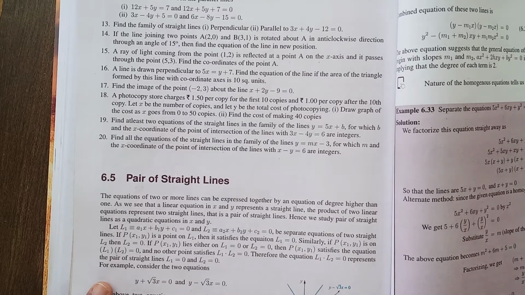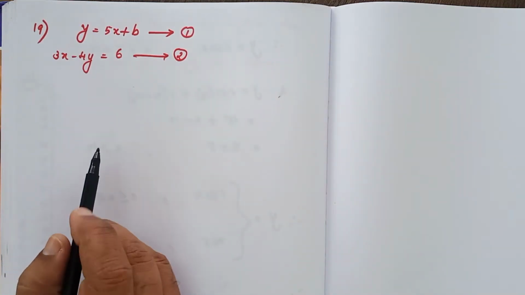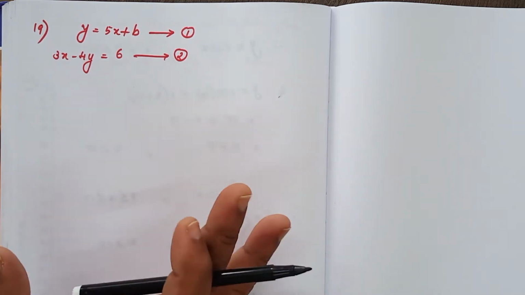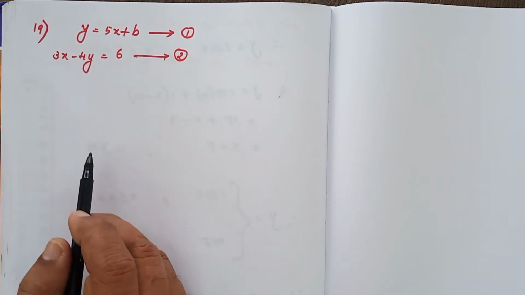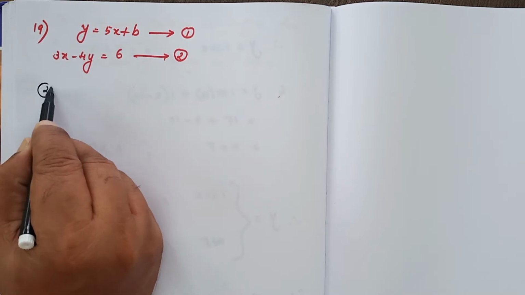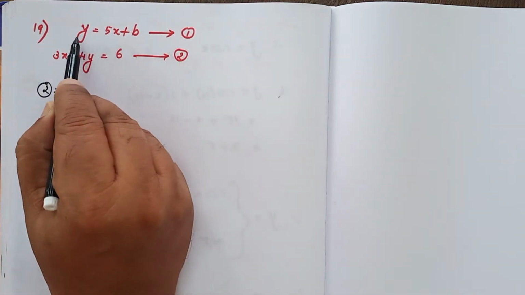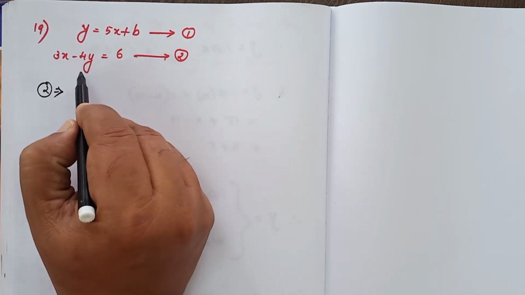Remember, here are the two equations. We can solve the two equations by elimination method, or even you can go for the substitution method. I go for the substitution method because in equation number 1, y is in terms of x, and this y can be replaced in equation number 2.